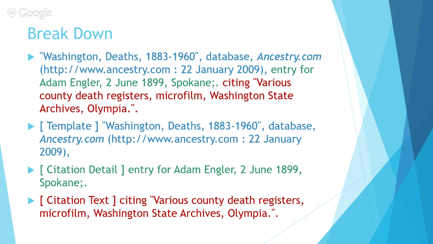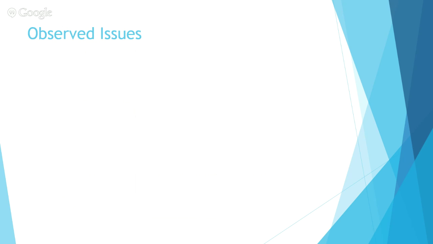So this is important. The lesson for me was that it is more important to make sure I have a good reference note. But I did observe a couple of issues, and I'm just going to bring them up here because I think they're important. First is, for my information, I moved the stuff from citation text into the notes.